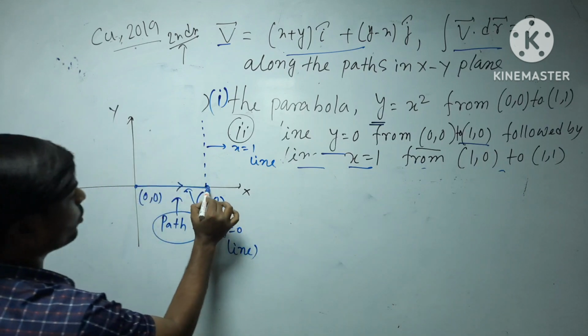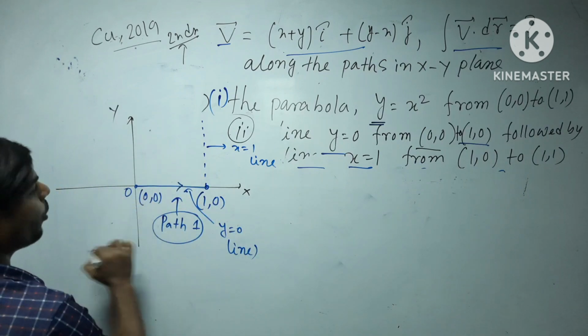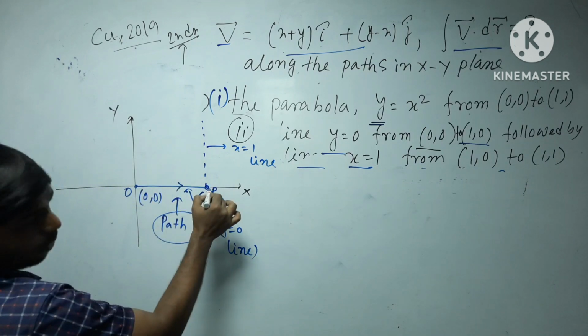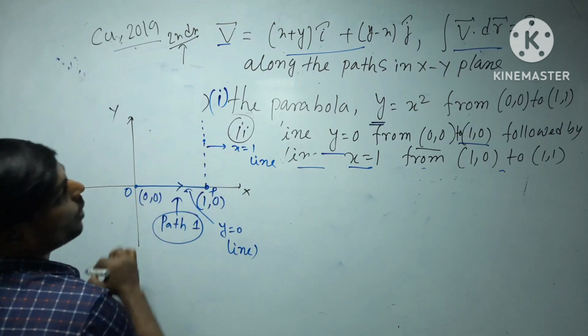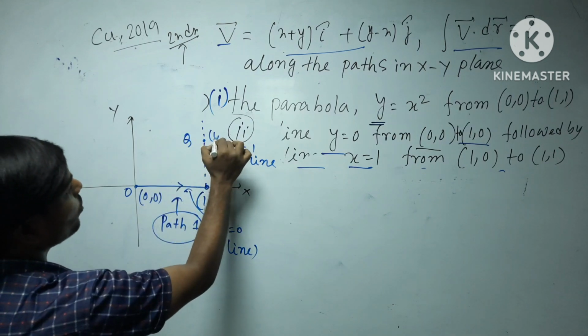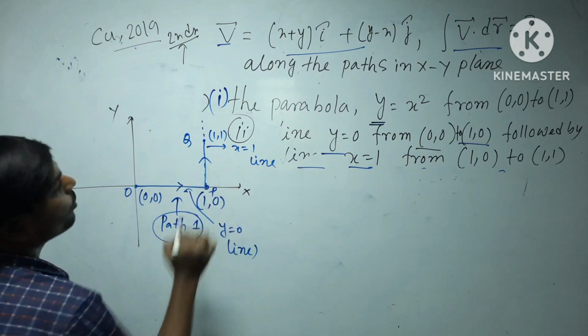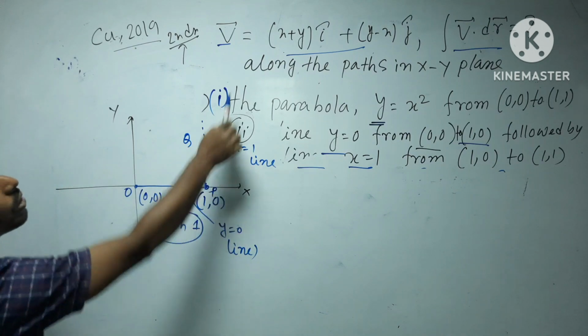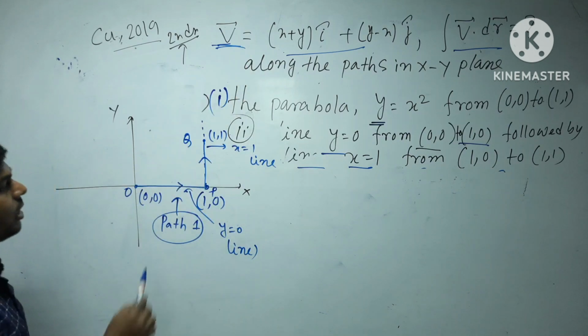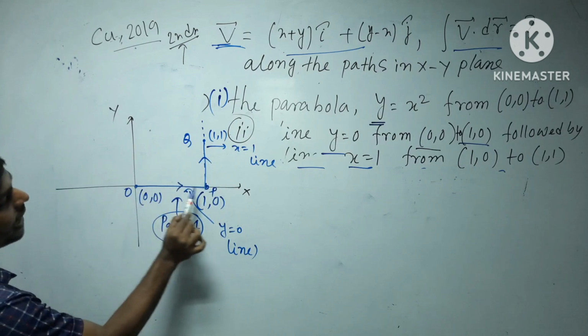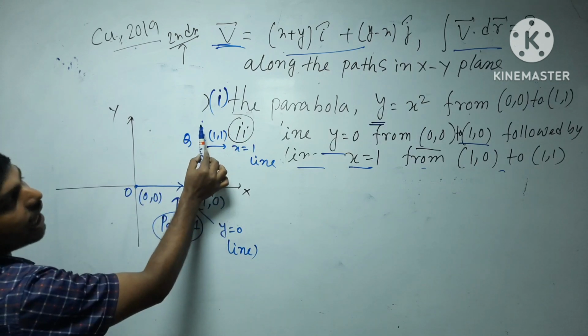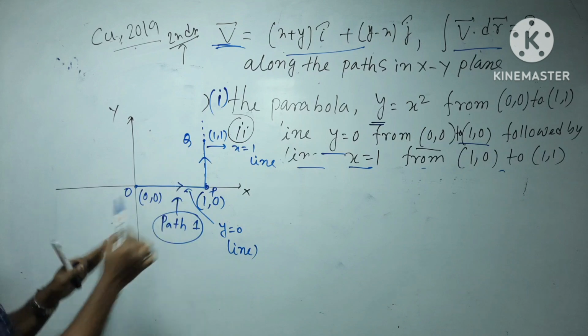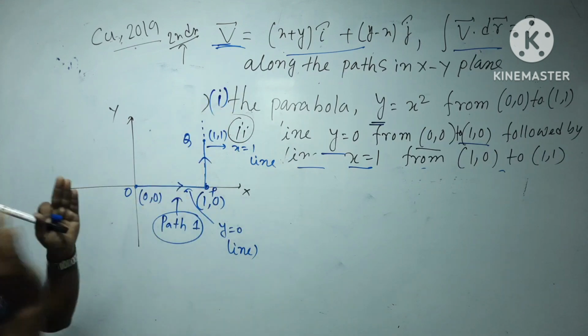From 1 0, let's say this is O point, this is P point, so from the point P you have to move to the 1 1 point, this point, so this is 1 and 1. Then you have to integrate your vector field along this line. So first you integrate along this line, then along this line. If we add these two integrations it gives you the total integration.